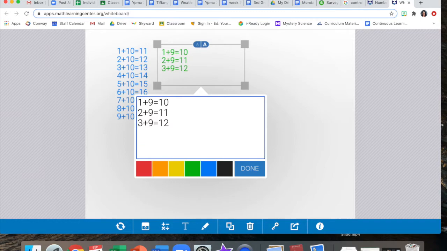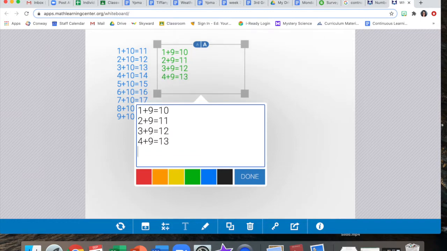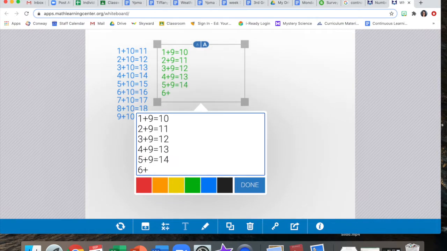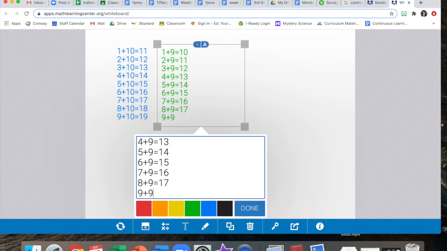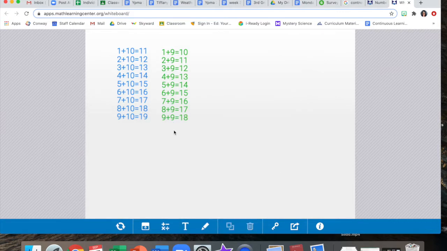That will help you practice. Okay, here they all are. And you can see it held true the whole time. If 9 plus 10 was 19, 9 plus 9 was 18. 8 plus 10 was 18, so 8 plus 9 is one smaller, 17.